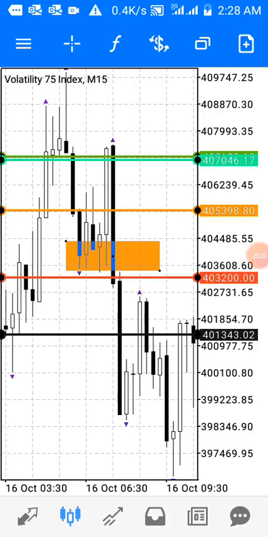So if you remove 2,500 points from that, you now have 400700.